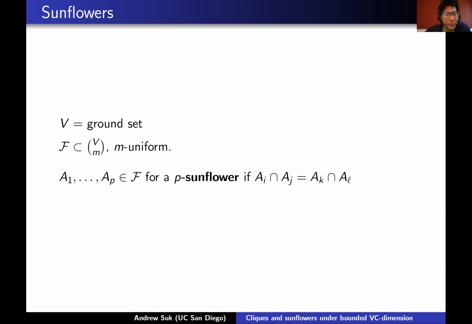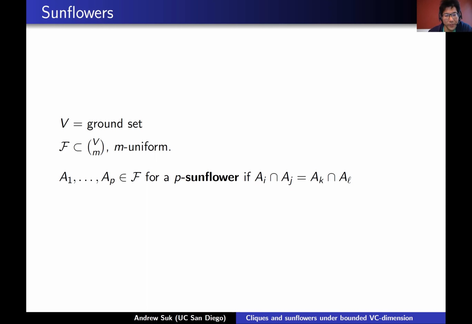So now I'll be talking about these things called sunflowers. The situation is that you have this set system F that's m uniform. So every set has m vertices. And p sets, A1 through Ap, form a p sunflower if their pairwise intersections are exactly the same.